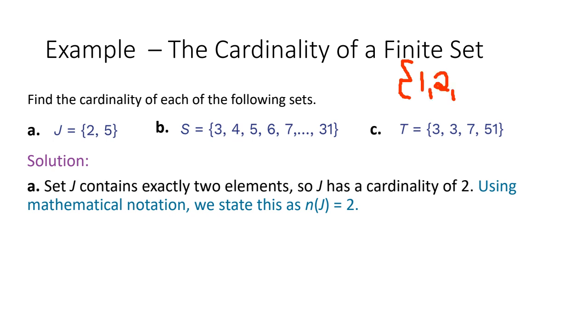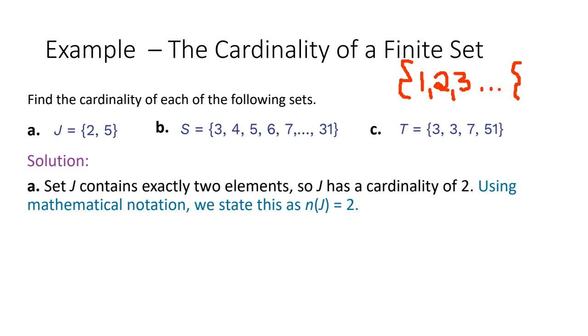Is that set finite? Is that set going to be finished? Can we say that there's so many elements there? Here we know that this is going to go on forever, so it's going to infinity. So it's not a finite set, it's an infinite set.